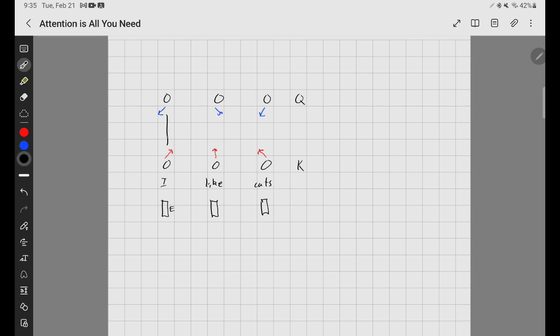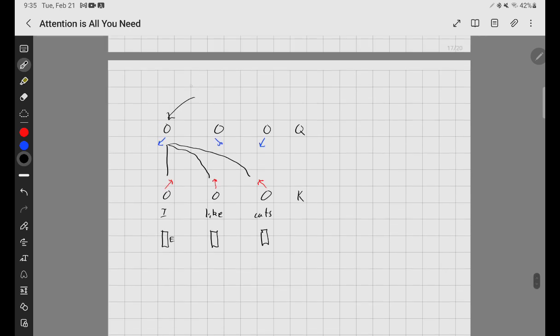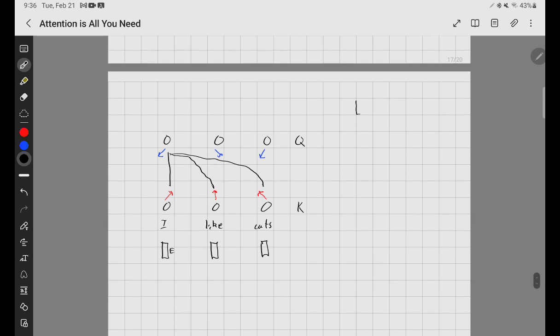You compute the inner product between the queries and every key. So for this node right here, you take the inner product between that node and "I", this red vector, this blue vector and "like", this blue vector and "cats". Then you get a new vector, which in this case will be of shape 3, and it'll be the new representation of "I". It'll have the similarity between the vectors.